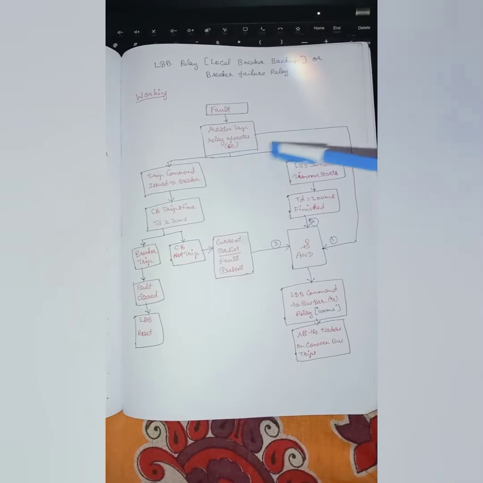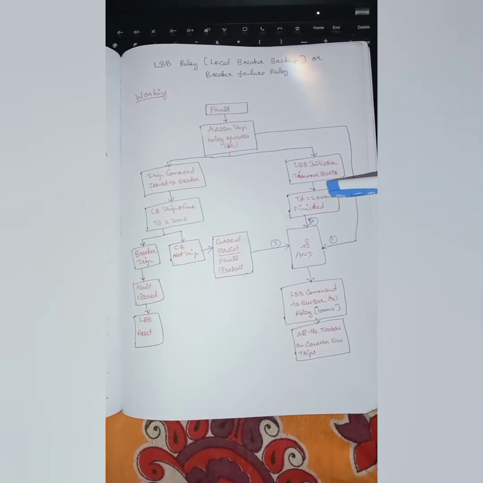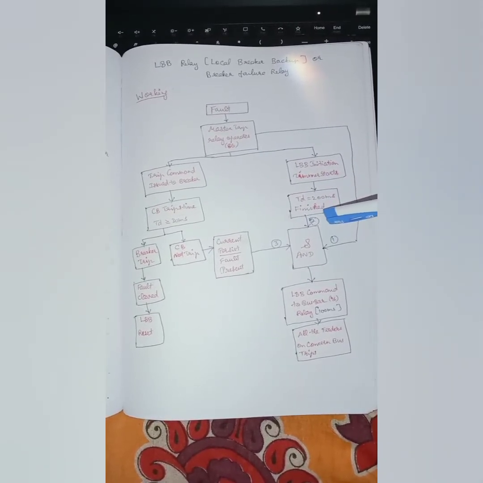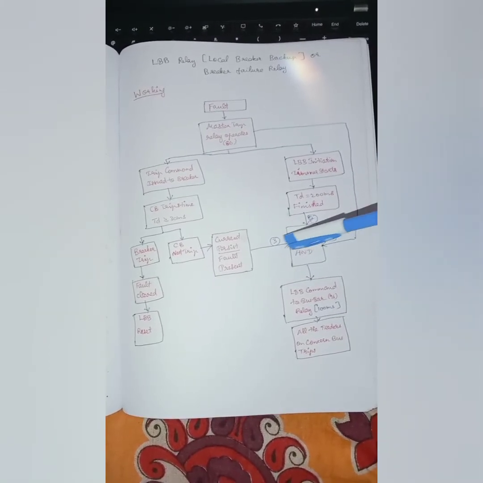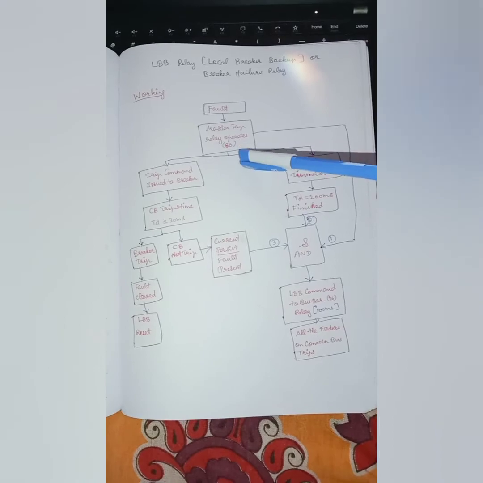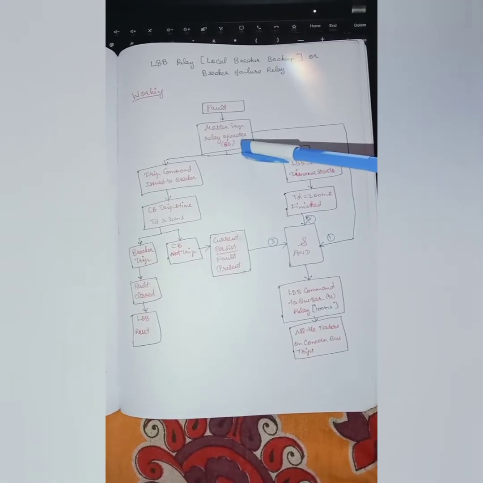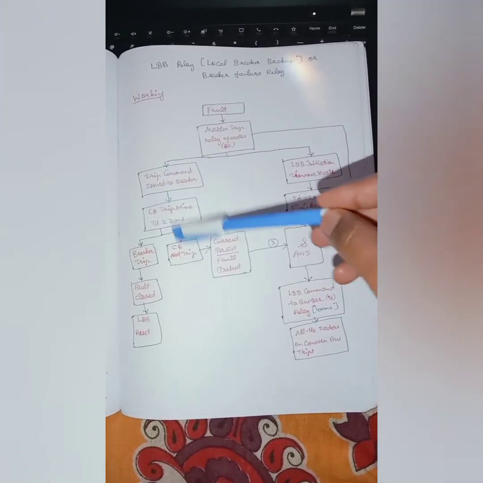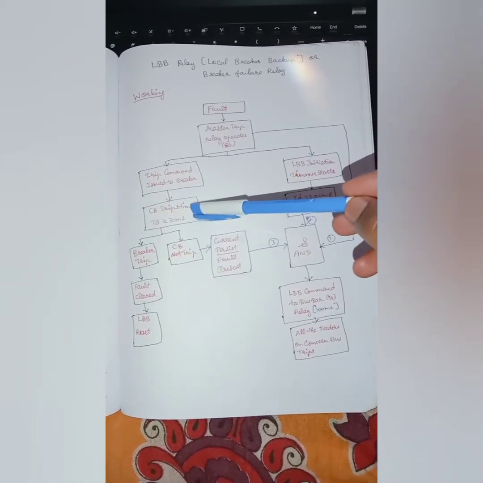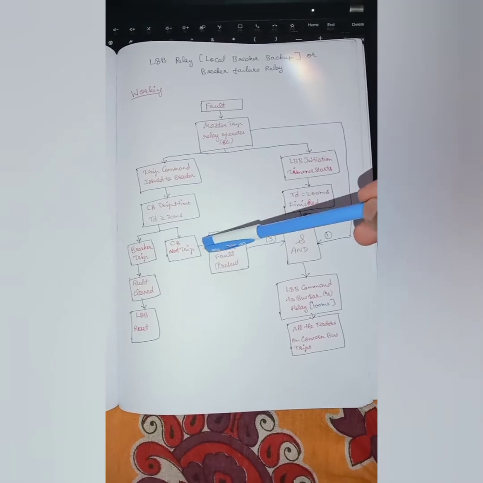Automatically, in parallel, the LBB will initiate and your timer will start, and the timer will already be running. The master trip relay is still in the operated condition. It has not yet reset because the trip is persisting, which means the breaker failure is persisting.